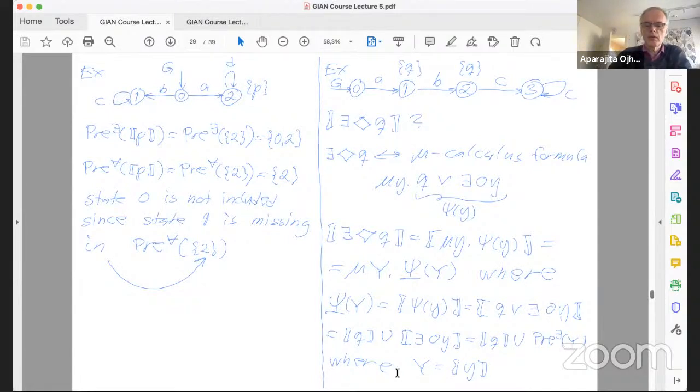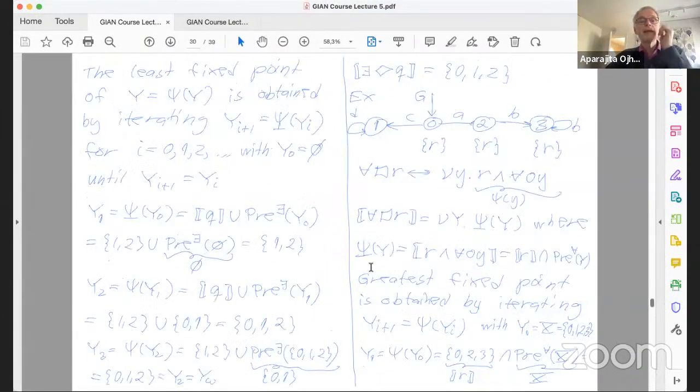So let me illustrate that soon. And here capital Y is now also the set where the logical variable y is true. The least fixed point, as I already said, is obtained by iterating Y(i+1) equal psi of Y(i), for i equals 0, 1, 2, etc., with Y0 equal the empty set, until you reach the fixed point, Y(i+1) equal to Y(i).